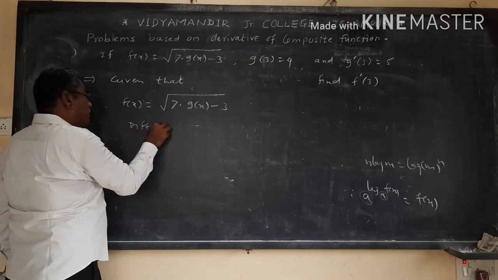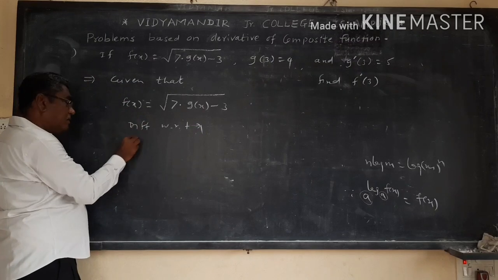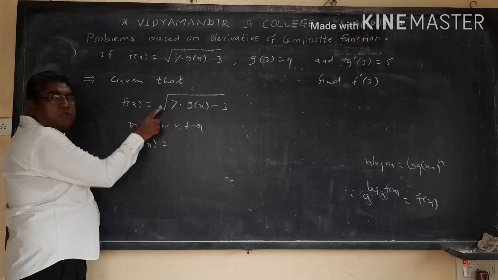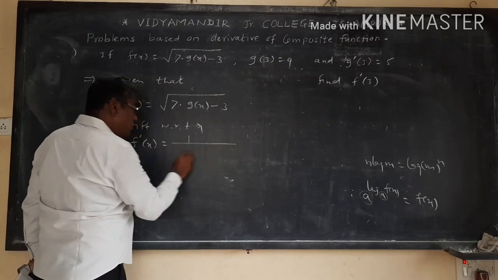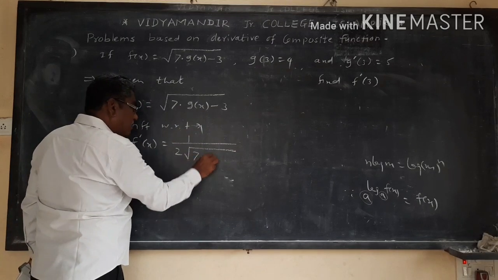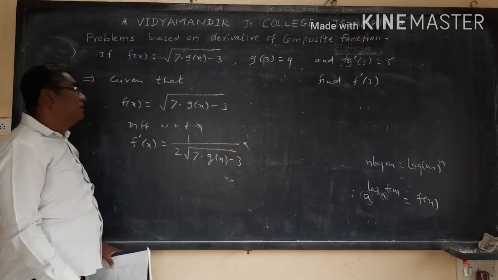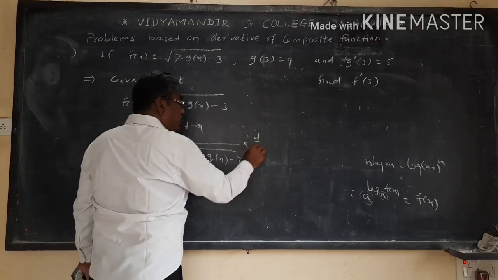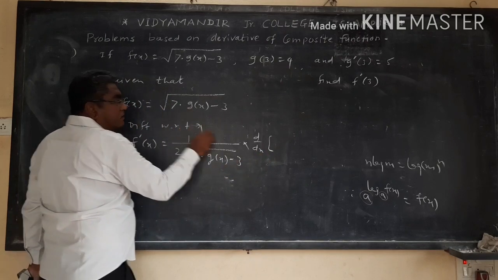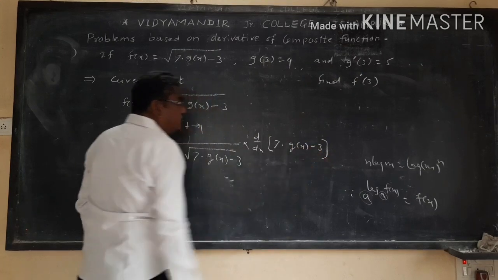Differentiate with respect to x. d by dx of f of x is f dash of x, which is 1 upon 2 root, as it is, 7 g of x minus 3, into d by dx of the entire root, 7 g of x minus 3.